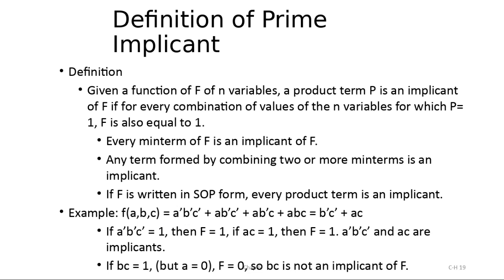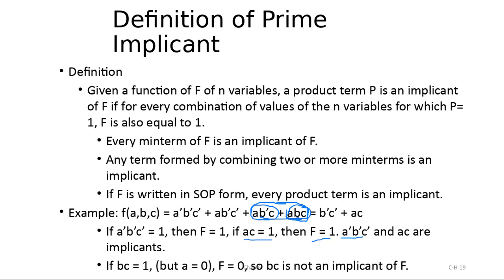Because of that, when you look at this expression, if A and C are 1, B is not important, because if B is 0, this expression is 0, but this expression is 1 because it is not B. If B is 1, this expression is 1 and this expression is 0, so f is 1.